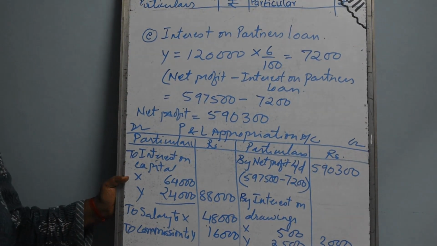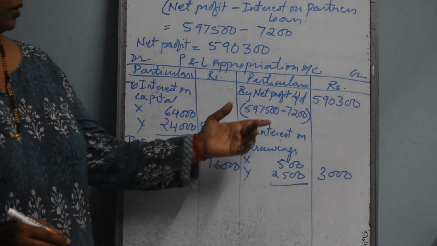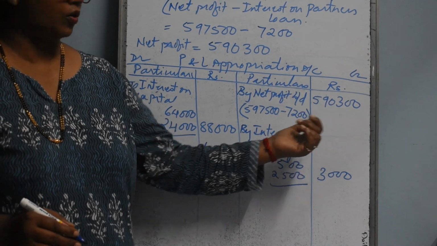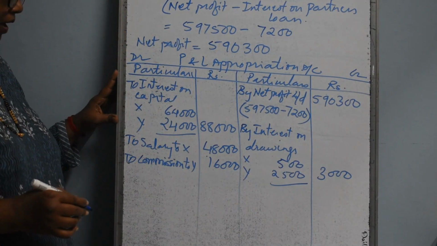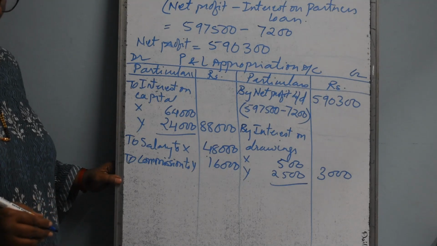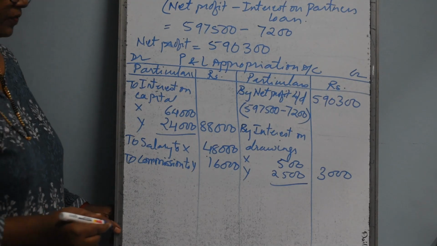Okay. So all the adjustments you have to post. Net profit will come after the interest on loan, then interest on drawing, whatever working notes we have done, interest on capital, salary and commission. Now you have to do the balancing as we do.